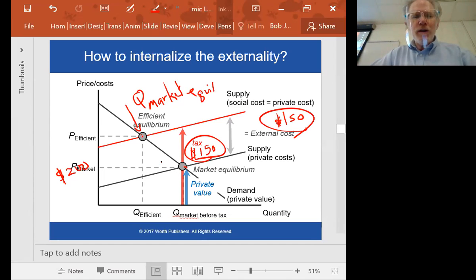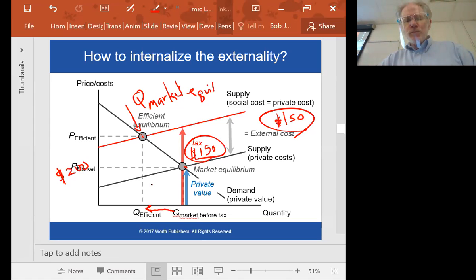And with the new supply curve, we move to here. And that would mean that the equilibrium output is going to drop back to here. And that is going to be the efficient quantity, the efficient outcome, because now the cost of the last tire is going to equal the benefit to the consumers of the last tire.